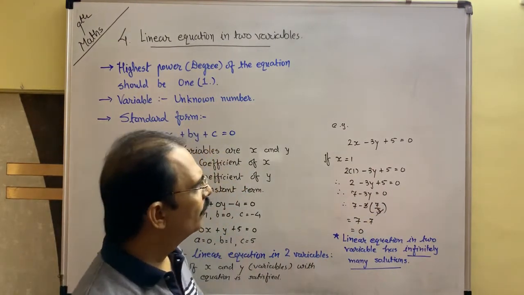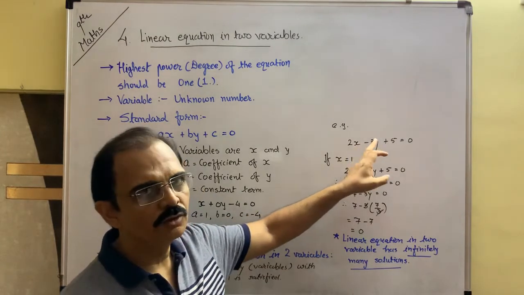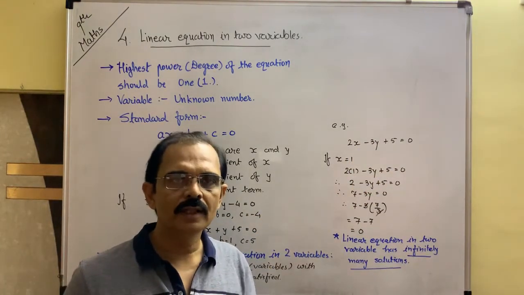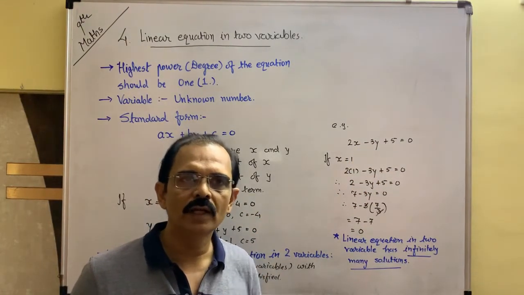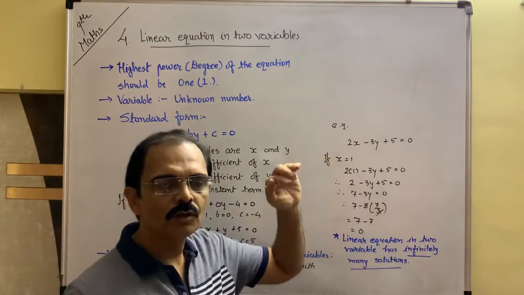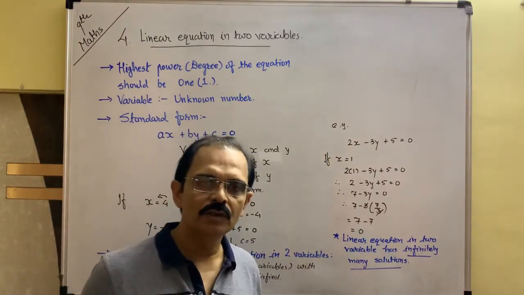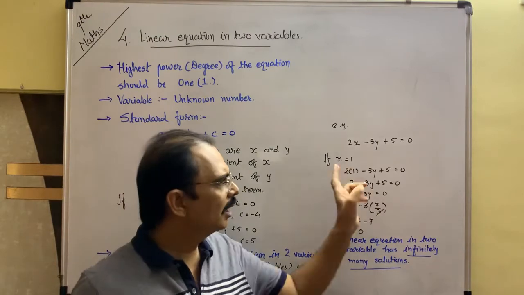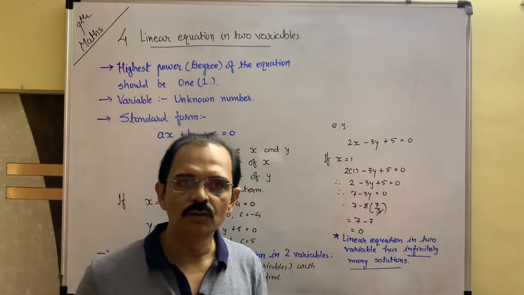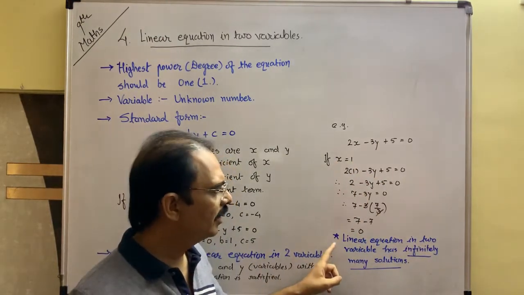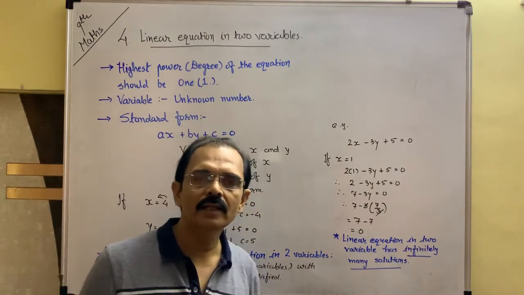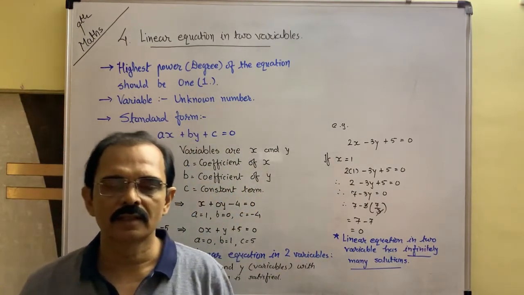No. If you take x equals 2, you will get a different y. If you take x equals minus 2, you will get a different y. If you take x equals 1 by 2, you will get a different y, such that the sum of these three will be 0. That means a linear equation in two variables has infinitely many solutions.